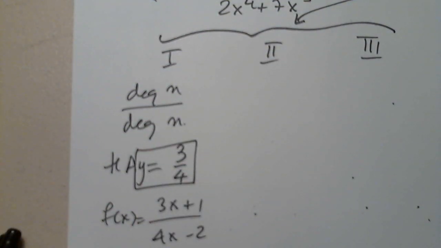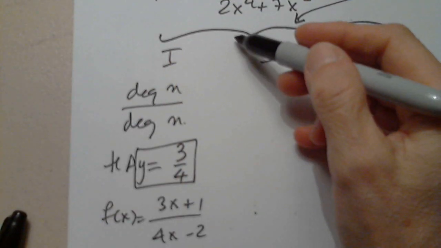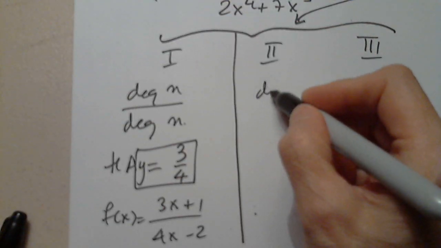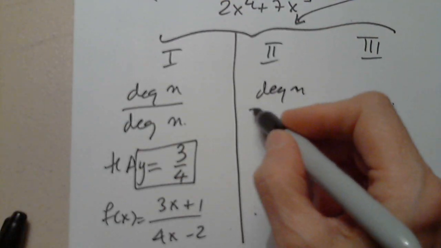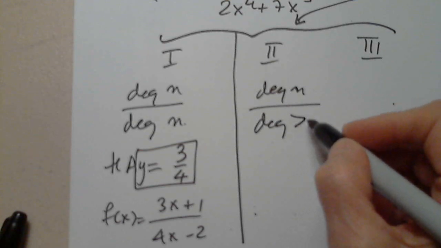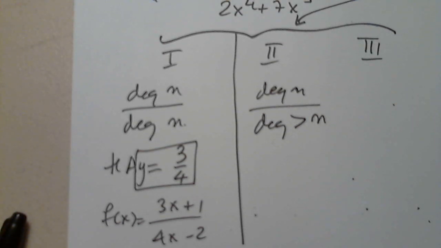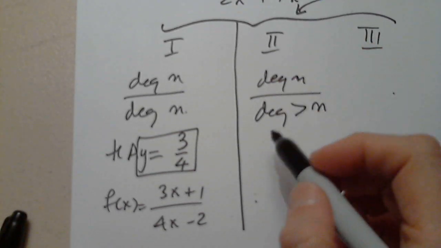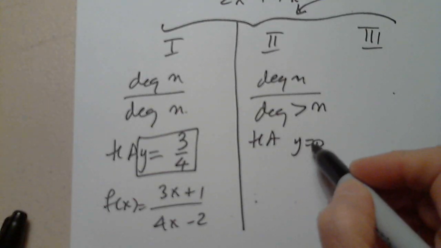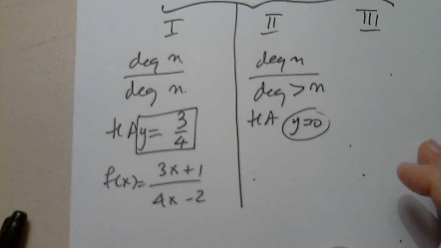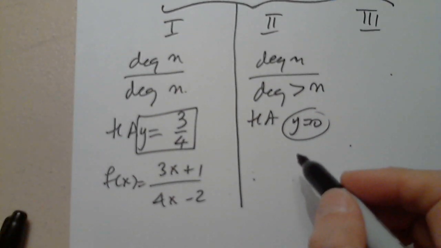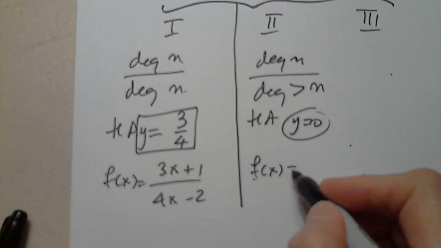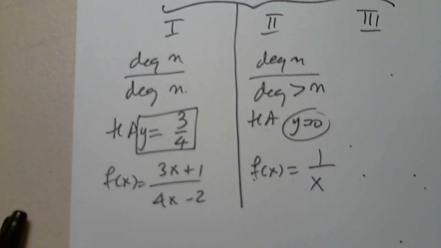If it's type 1, if it's same degree over same degree. If it's type 2, degree n over degree greater than n. This is always easy. Horizontal asymptote is y equals 0. So, an example, f of x is 1 over x.